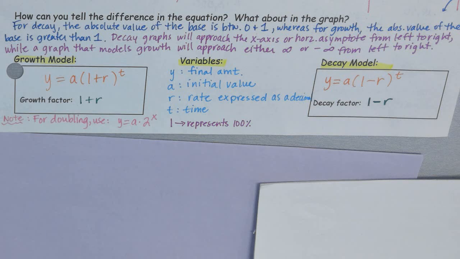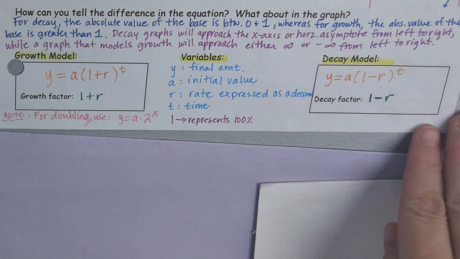So for example 1, it is asking you to identify whether it is growth or decay, and then you are going to graph. So we're going to do that part together.